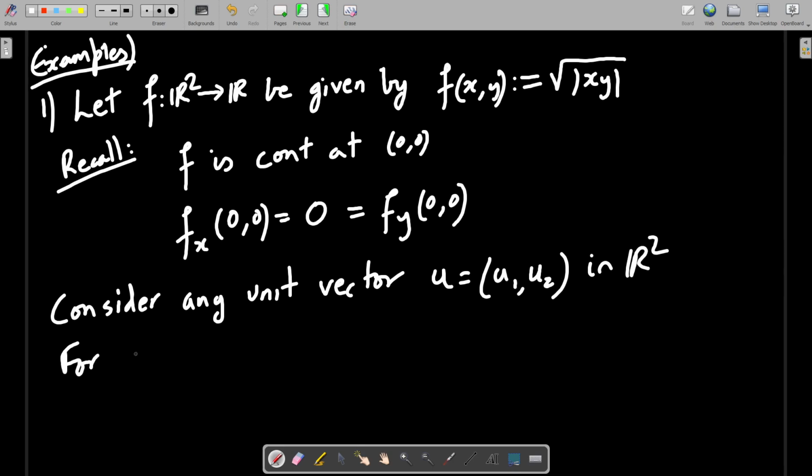Then for t belonging to R, t not equal to 0, consider this ratio, f of (t u1, t u2) minus f(0,0) over t.